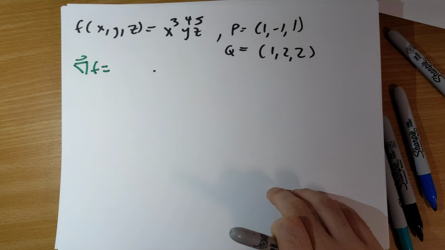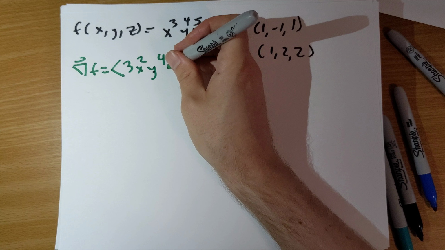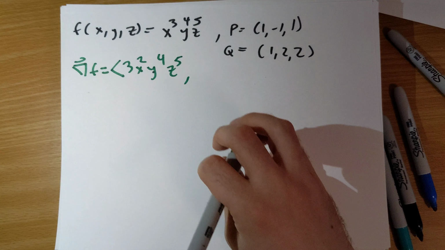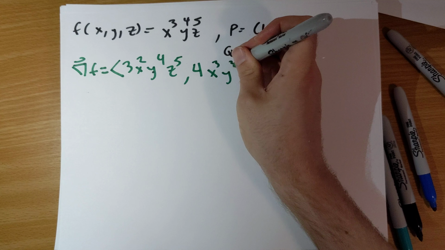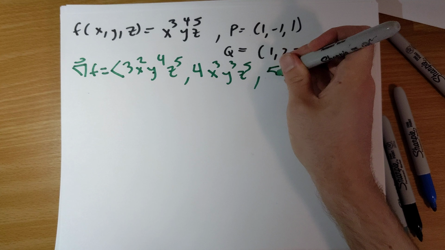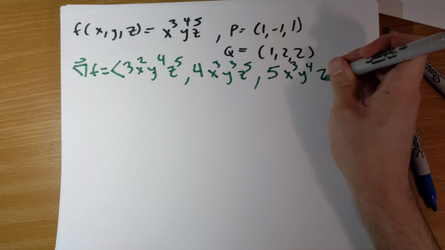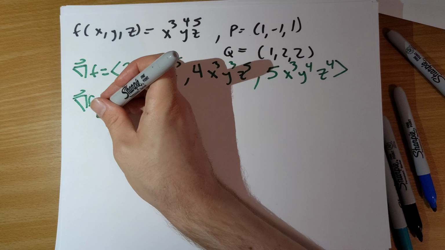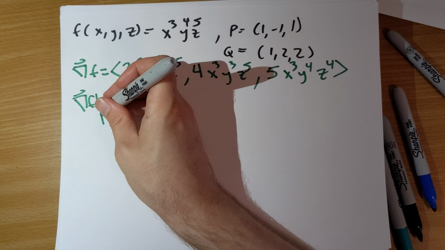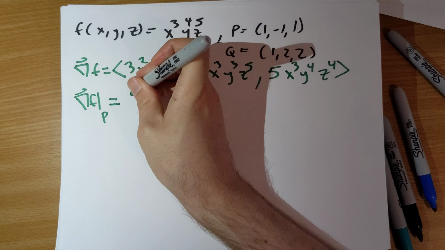So the x partial derivative is 3x squared, y to the 4th, z to the 5th. The y partial derivative is 4x cubed, y cubed, z to the 5th. The z partial derivative is 5x cubed, y to the 4th, z to the 4th. We also care about the gradient evaluated at this point, (1, negative 1, 1).